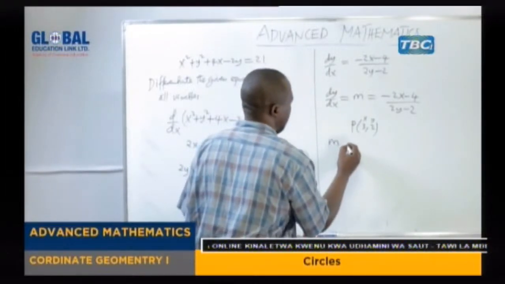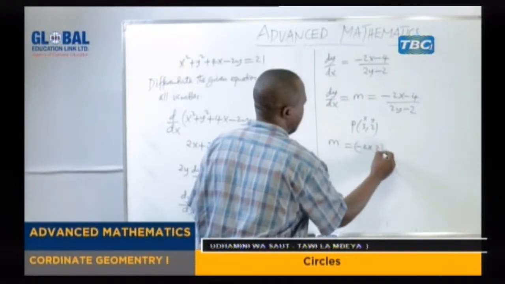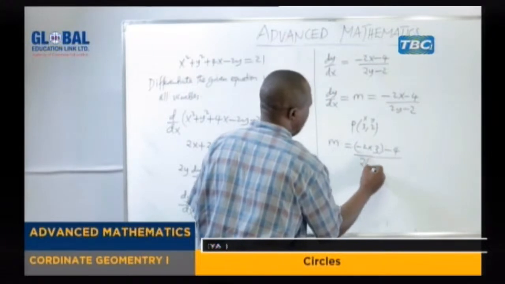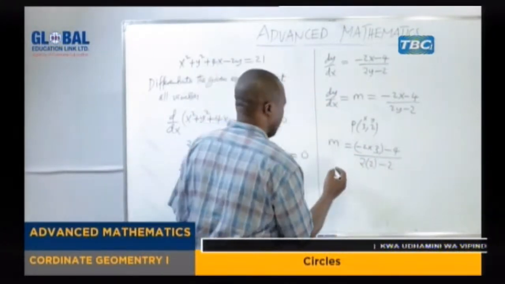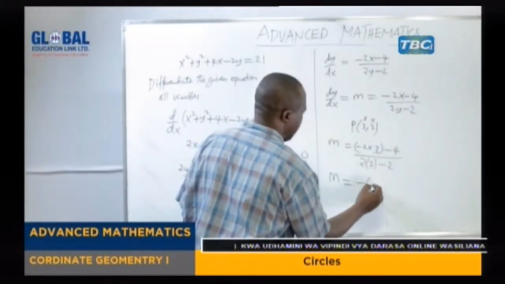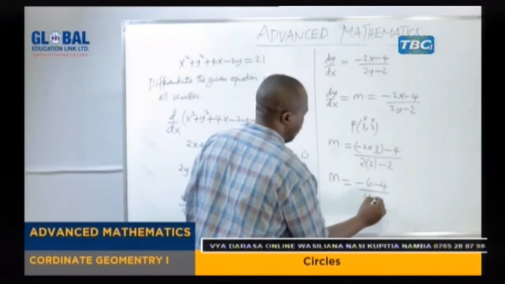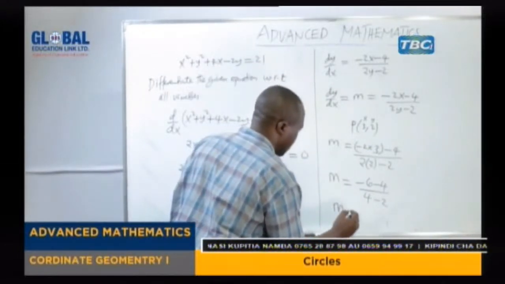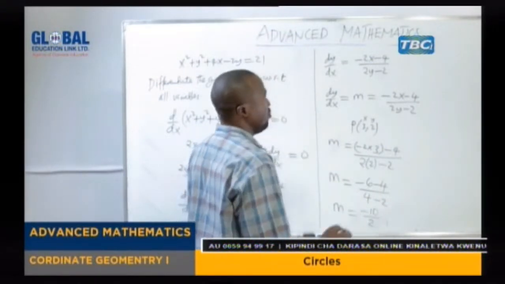So m will be equal to negative 2 times 3 minus 4 over 2 times 2 minus 2. So here m is equal to, that is negative 6 minus 4 over, that will be 4 minus 2. So m is equal to negative 10 over 2.